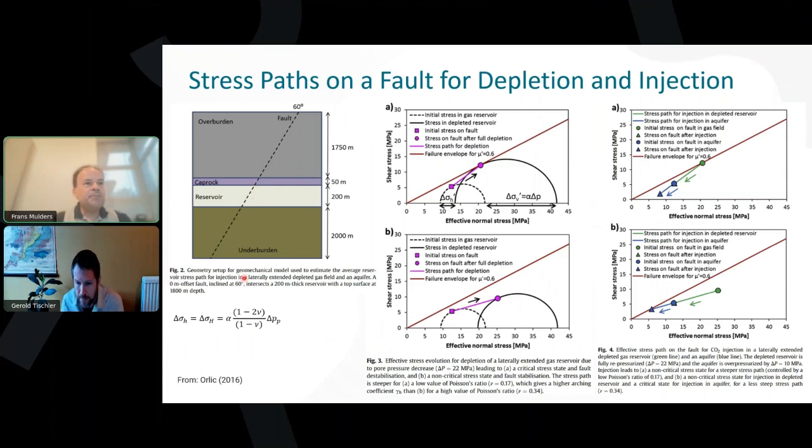This is a 2D plane strain model, so that means there is no deformation perpendicular to the screen. So the deformation all happens in the 2D square you're looking at, and because of the perfect geometry here, there is no throw on the fault.